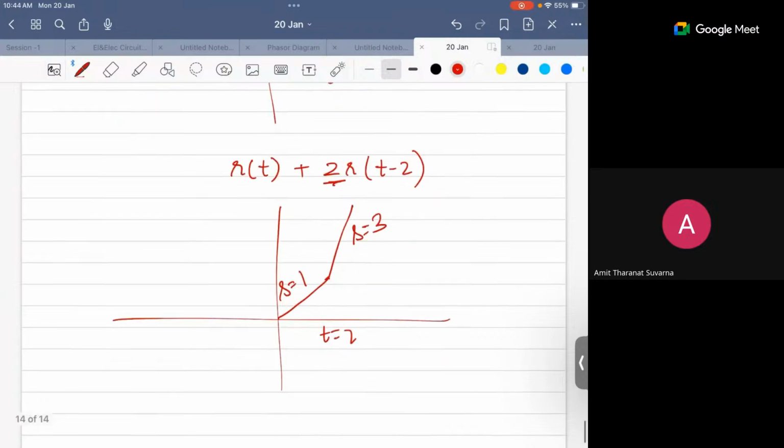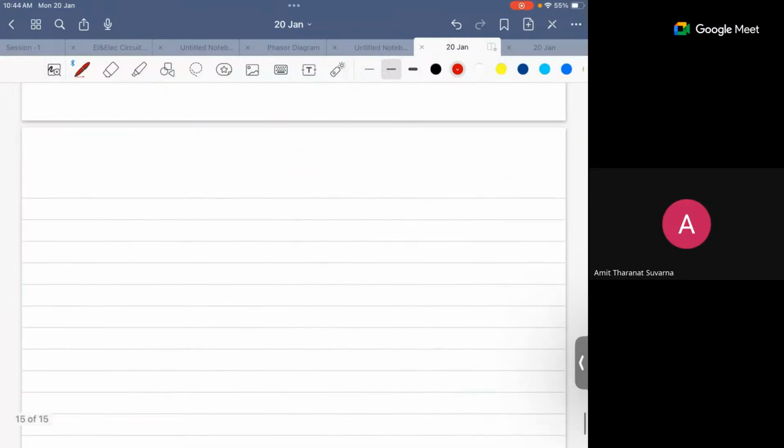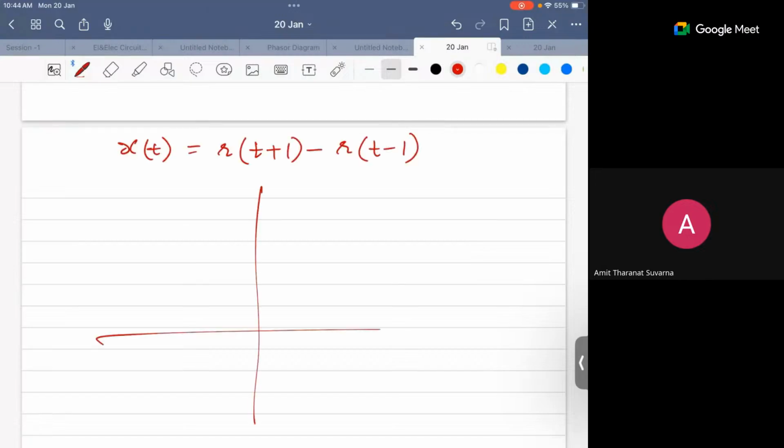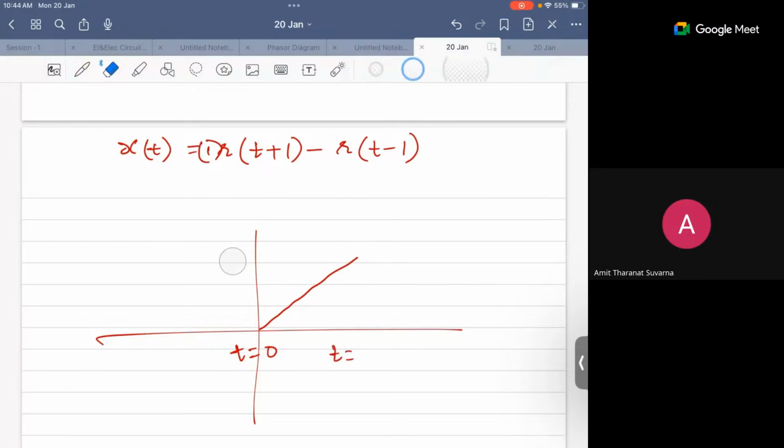Have you understood? Let's say you have a function x(t) equals r(t plus 1) minus r(t minus 1).